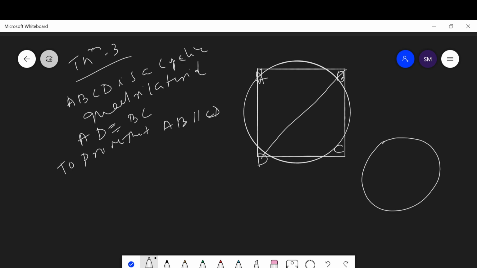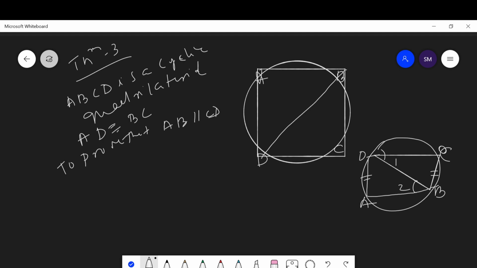ABCD is a cyclic quadrilateral. Here the condition given is AD is equal to BC. This is angle 1 and this is angle 2. We have to prove that AB is parallel to CD.